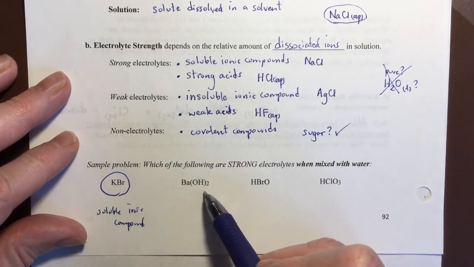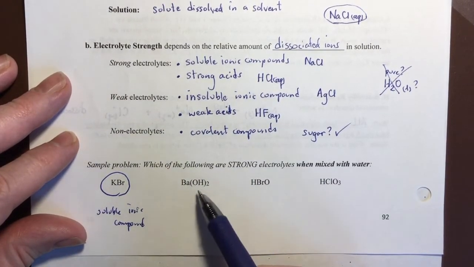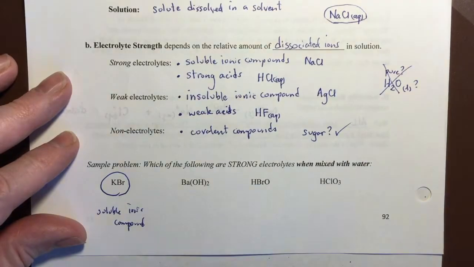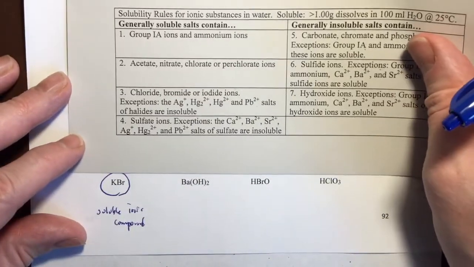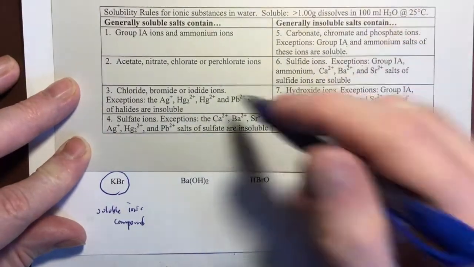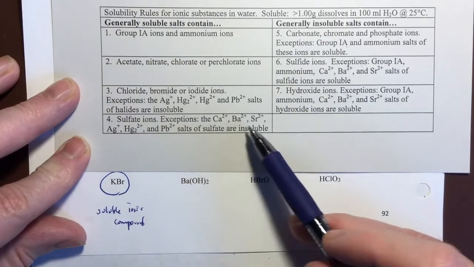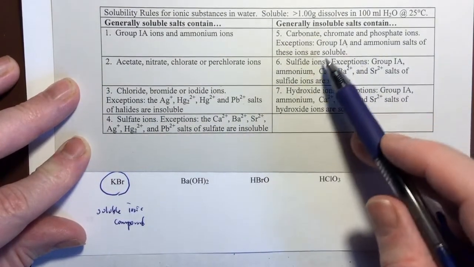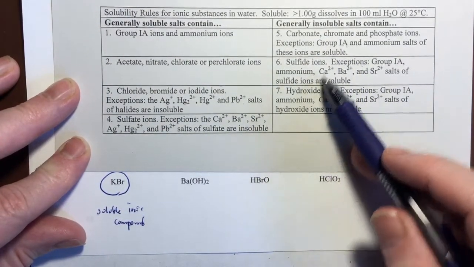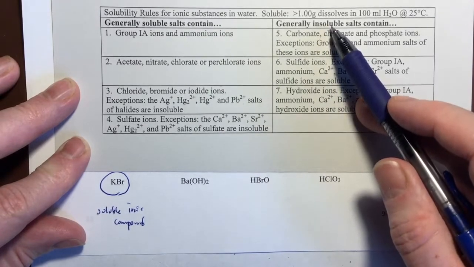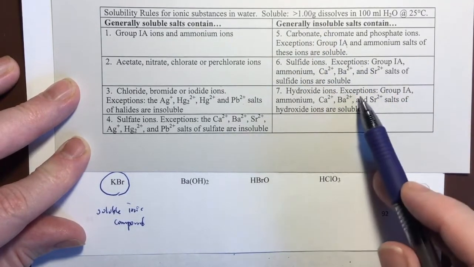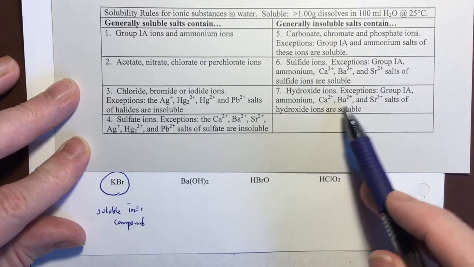Next, I have barium hydroxide. It's an ionic compound, so I have to decide whether it's going to be soluble. So taking a look at my solubility rules, I'm looking for barium hydroxide. Hydroxides are in the generally insoluble category, but an exception includes the barium salt.